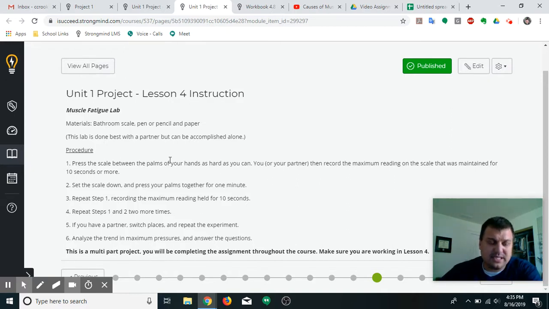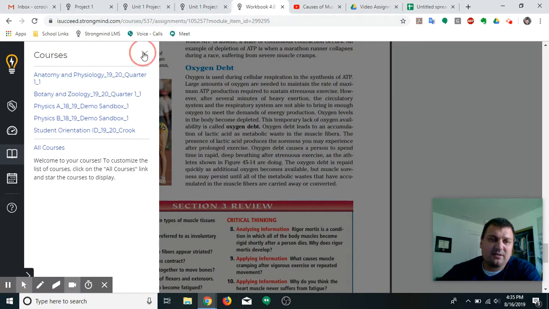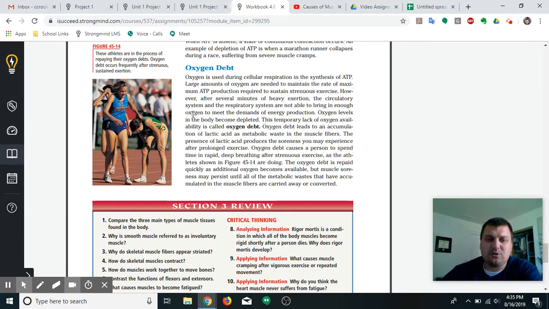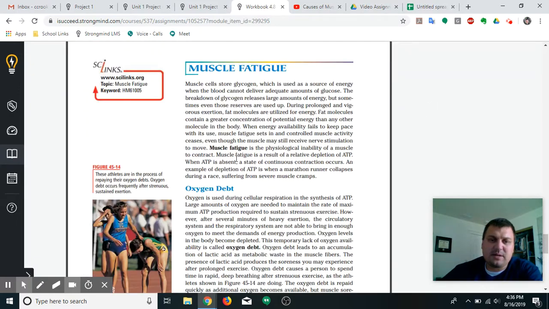What you're going to do with this is we're looking at muscle fatigue. Now, a quick review. The textbook goes over a little bit on this, and it talks about muscle fatigue. I want to point out a couple things because there are a few parts of this where the textbook's actually wrong and outdated.